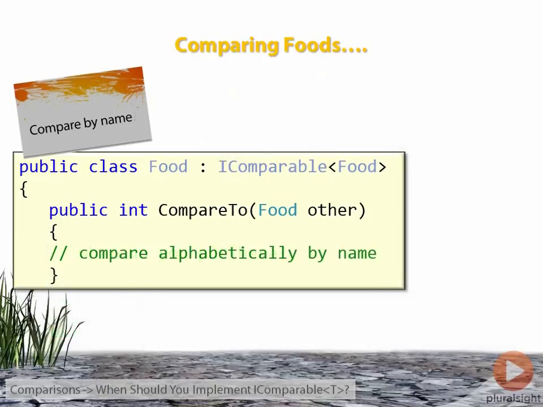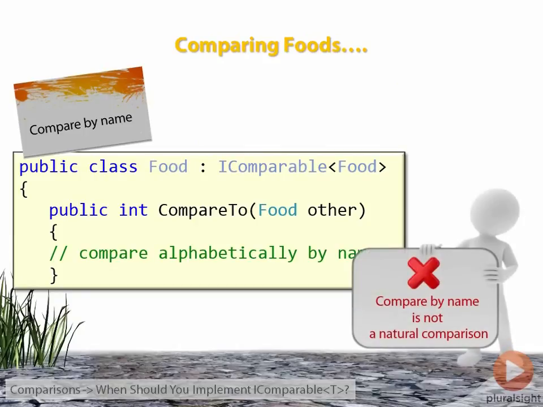As an example, you might implement IComparable<Food> to sort Food instances alphabetically by their names. If you do that, you are really declaring that sorting alphabetically is the natural, default way to sort Food instances. And I think you'll agree that's not really correct.